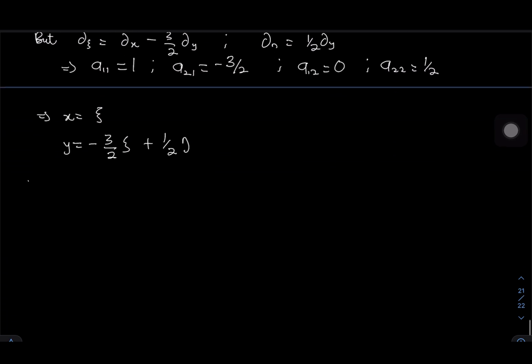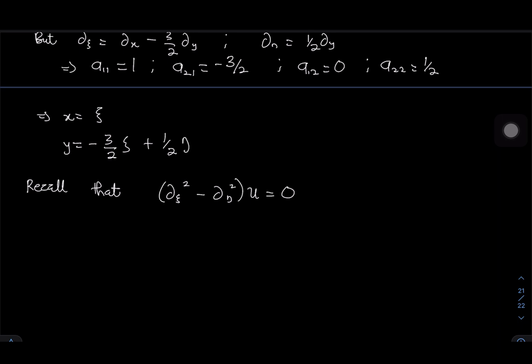Okay, so now we know that our new PDE is equation 1. Let me write it once again. Recall that del xi squared minus del eta squared u is equal to 0, right? So that is our new wave equation.